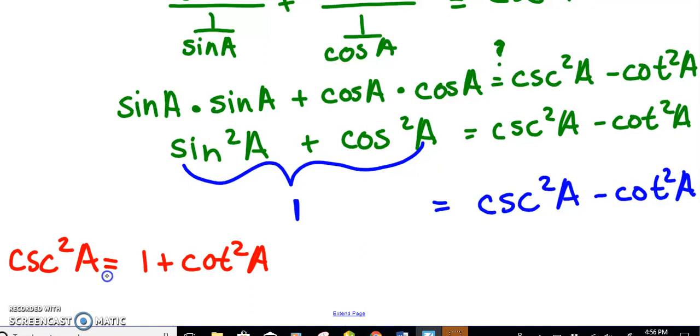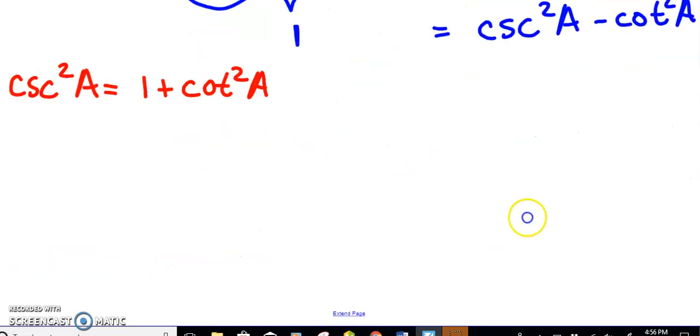We can move the cosecant squared to the other side. It's up to you, whatever you have to do for this problem. But we need cosecant squared A minus cotangent squared A. So what do we need to do for the red part to equal the blue part? Perfecto.